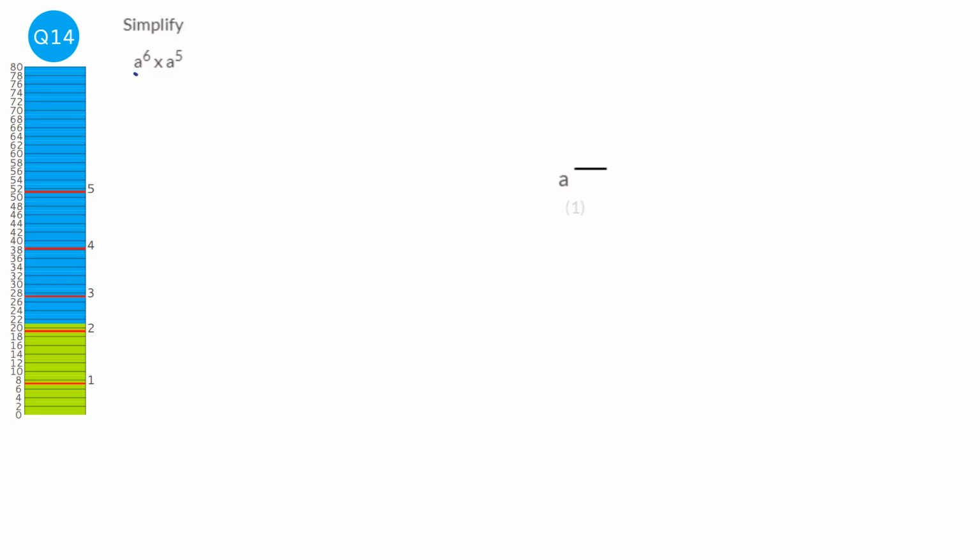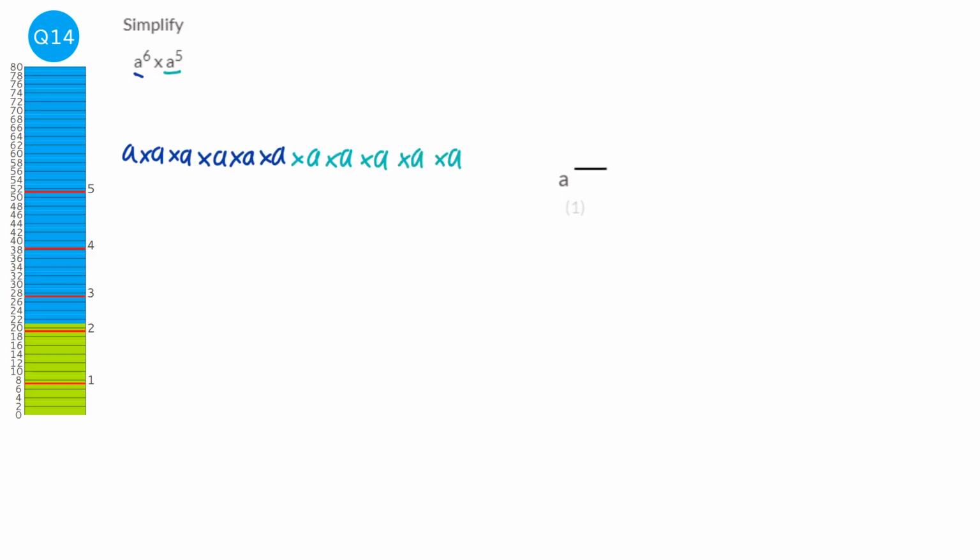Another way of writing a to the power of 6 is a times a times a times a times a times a. And another way of writing a to the power of 5 is a times a times a times a times a.